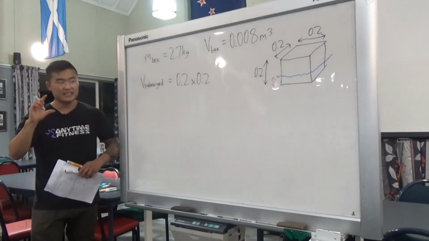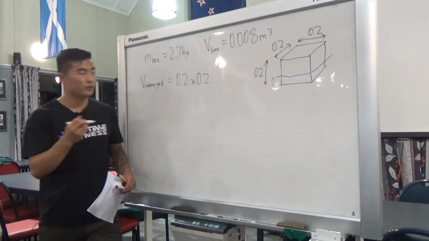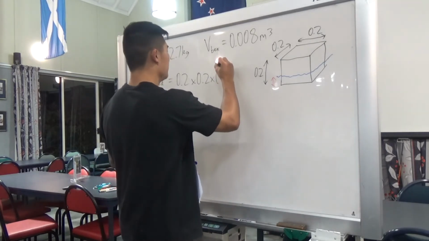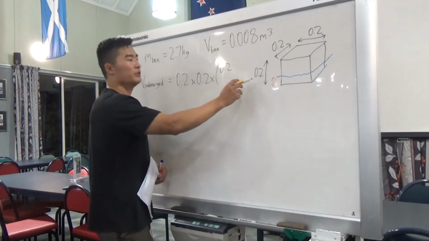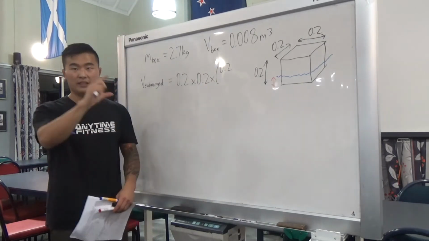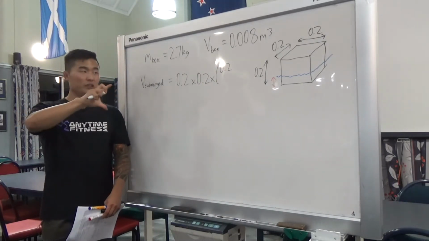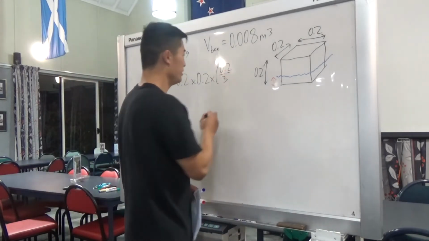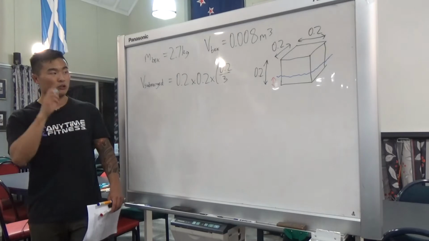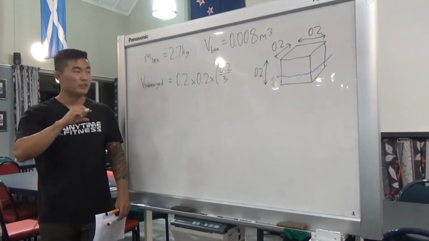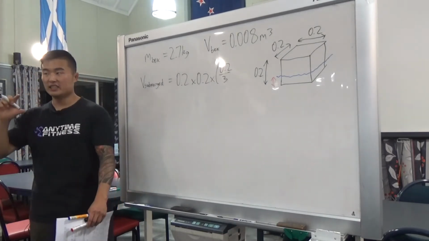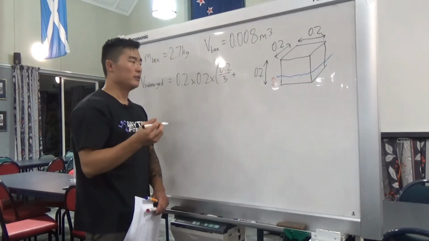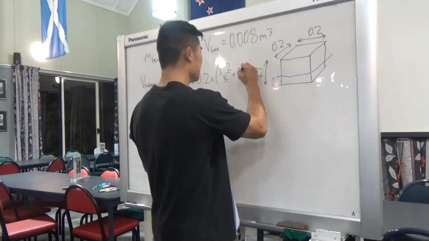Okay, so now the height is the tricky part. So the height is going to be 0.2 divided by 3, because remember only a third of the height was underwater. So 0.2 divided by 3, that was the original height that was underwater, but it sunk an additional 3 centimeters. So we're going to add 0.03 meters.